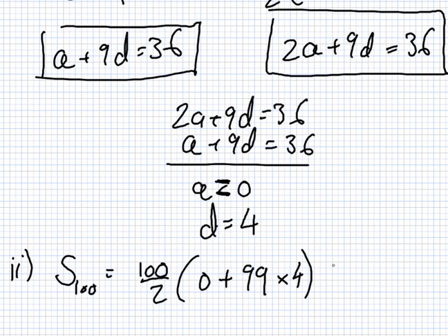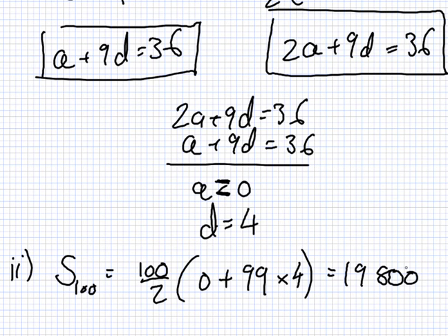Quite a large number. 19,800. Alright, so that's 7 marks for part 1 and 2.